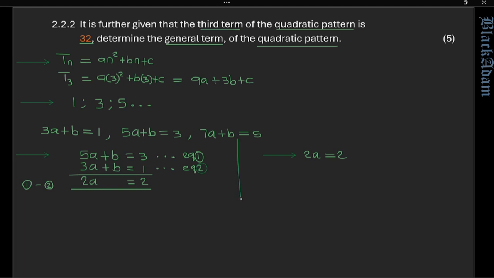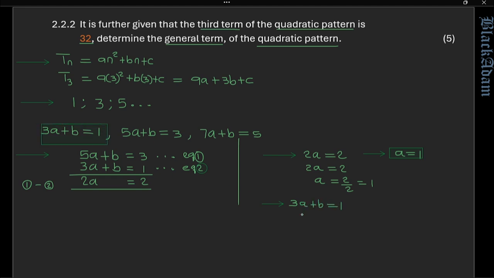Okay, then now we have 2a is equals to 2, divide both sides by 2, so a is 2 over 2 is 1. So we have there a is equals to 1. And then from there we know that 3a plus b is equals to 1.